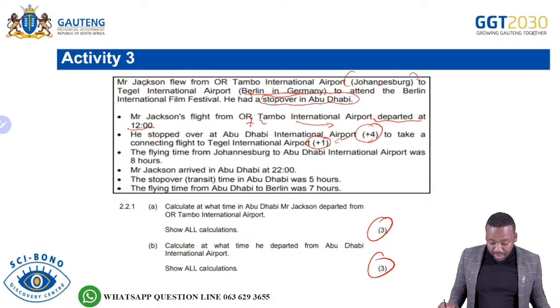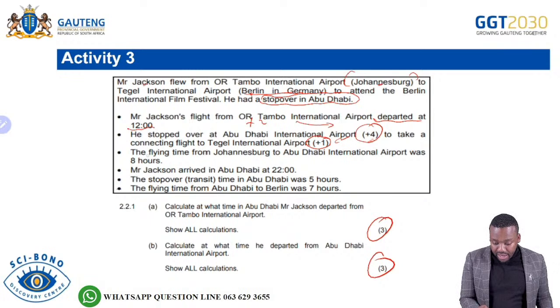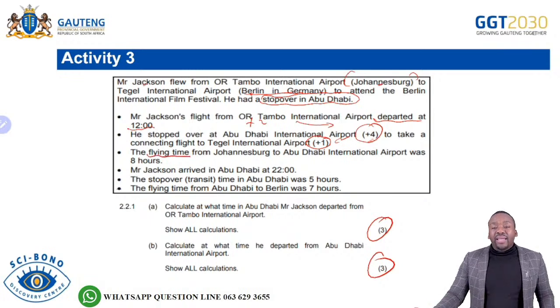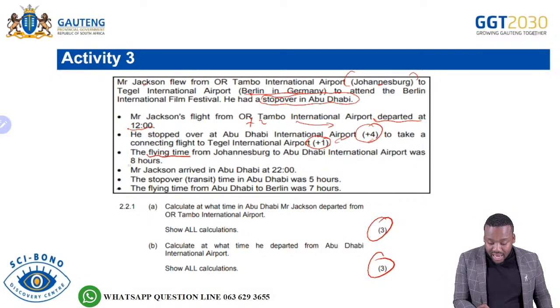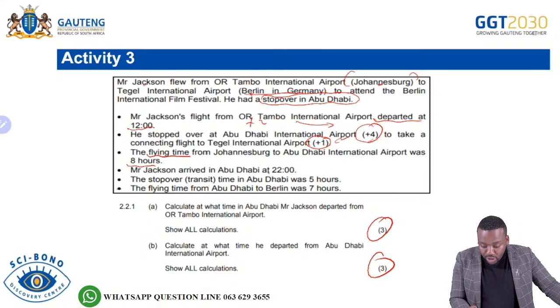The flying time, there is your flying time. Remember I said, it is the number of hours that this person, a tourist, will spend on the flight. The flying time from Johannesburg to Abu Dhabi International Airport was 8 hours. Mr. Jackson arrived in Abu Dhabi at what time? At 2200. The stopover or transit time in Abu Dhabi was 5 hours.